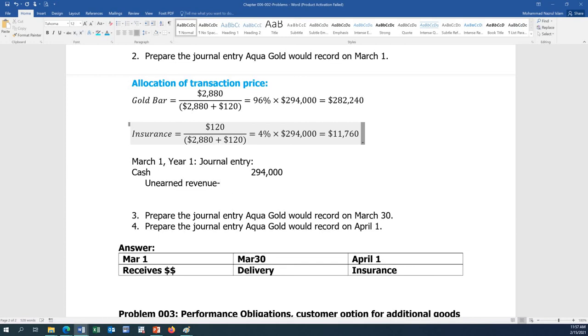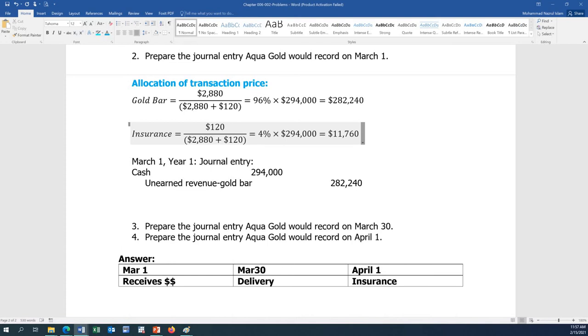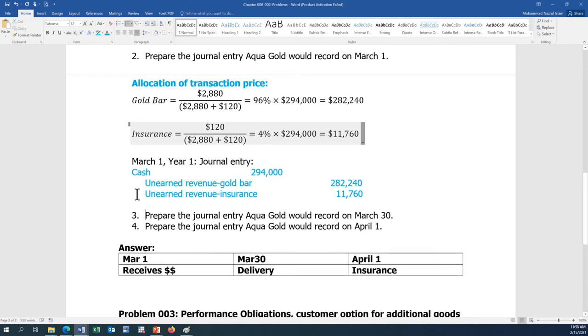Let me write this unearned revenue gold bar, 282,240, and unearned revenue insurance, 11,760. Let's make a different color. Okay, so this one we are done.